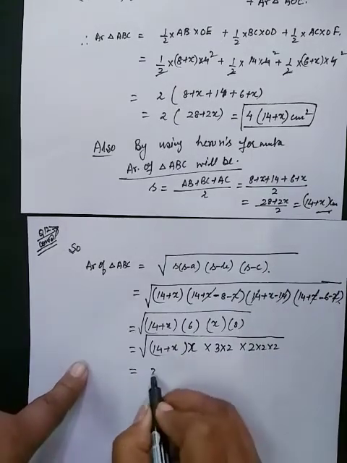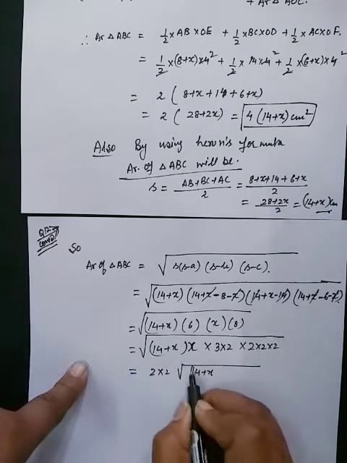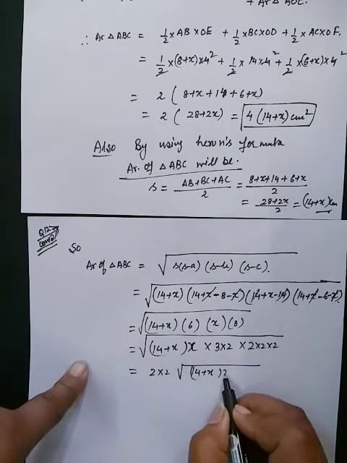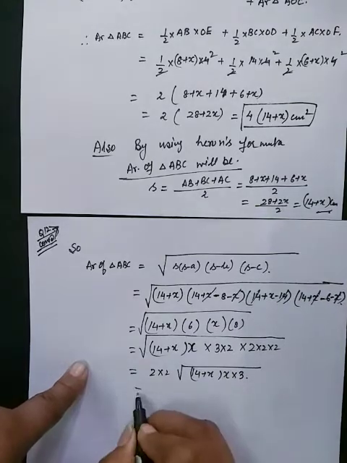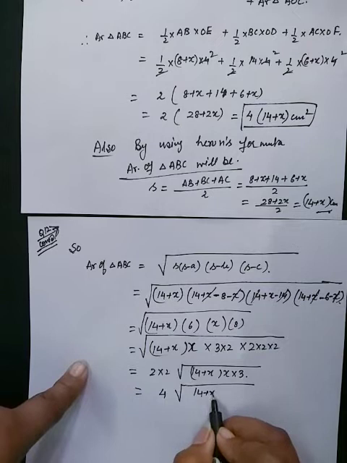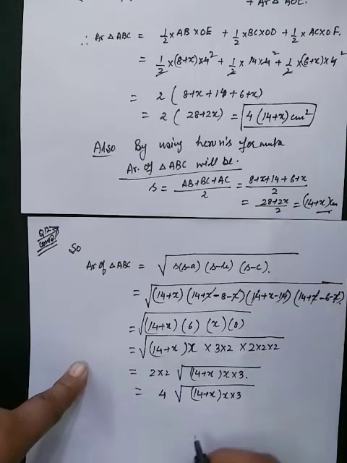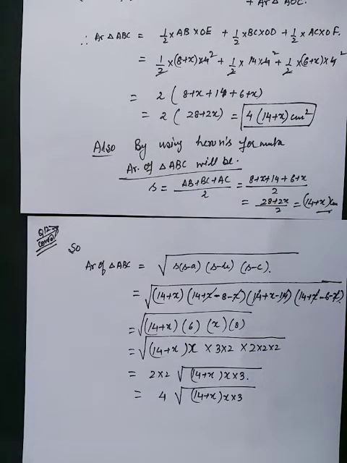So here it will be 2 into 2 into 14 plus x into x into 3, so it will be 14 plus x into x into 3 under the root. So this is the area of the triangle by using Heron's formula.